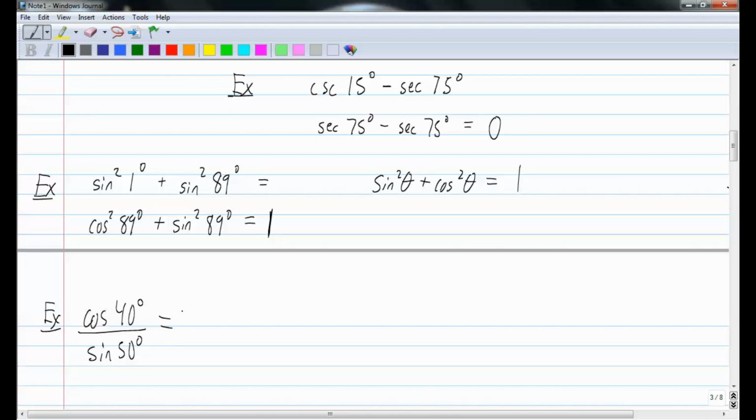Alright, so cosine, I want to change it to sine. What plus 40 degrees is 90 degrees? 50. So the cosine of 40 degrees is the same thing as the sine of 50 degrees. Well, the denominator in this problem is sine of 50 degrees. So something divided by itself. It's 1.